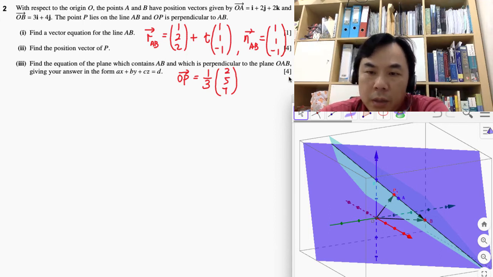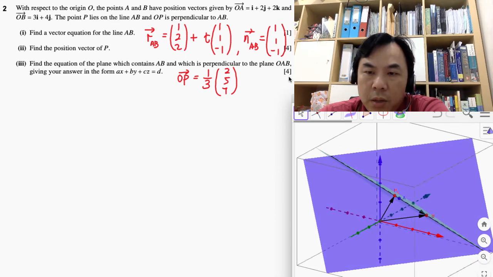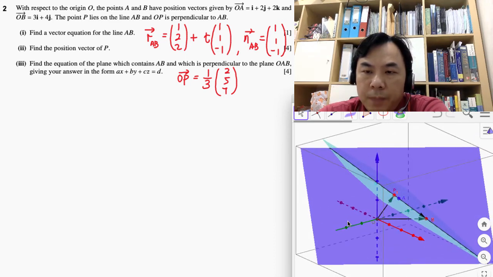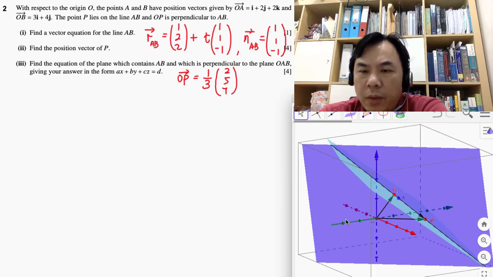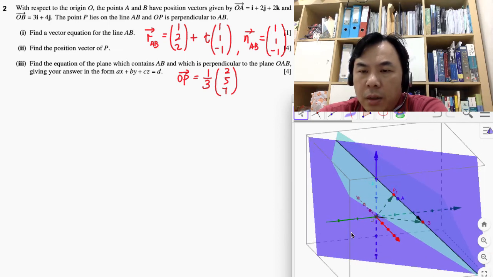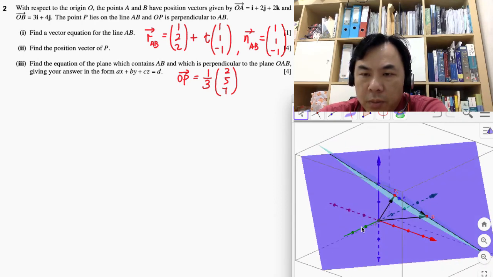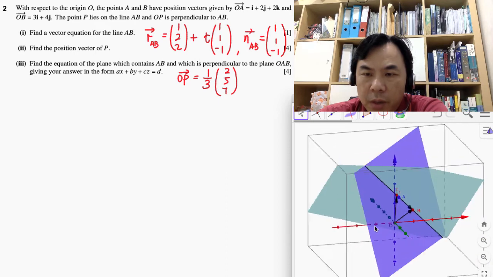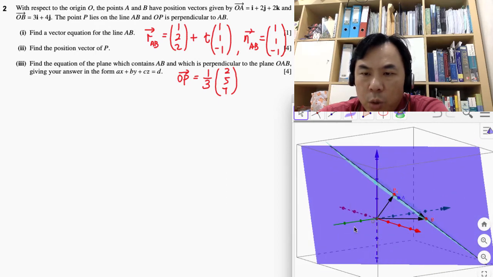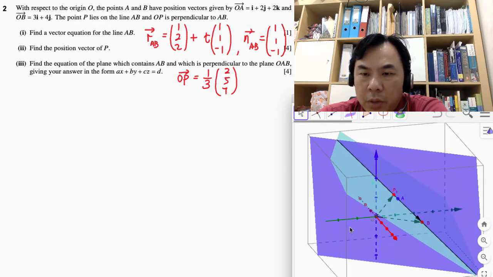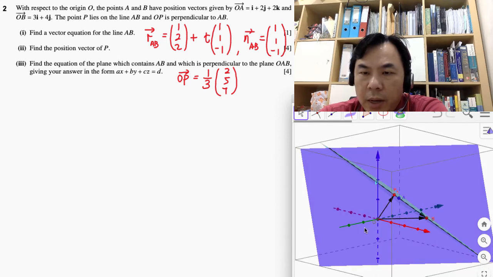Now the only thing missing is the normal vector of this green plane. You can see from this three-dimensional perspective that it's quite obvious that the normal to the plane we are interested in is given by none other than the vector OP.